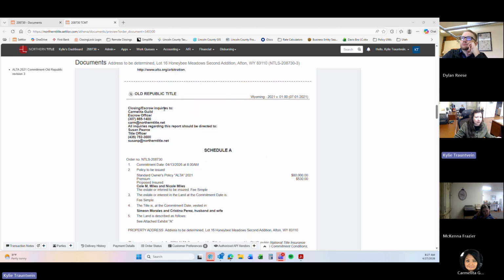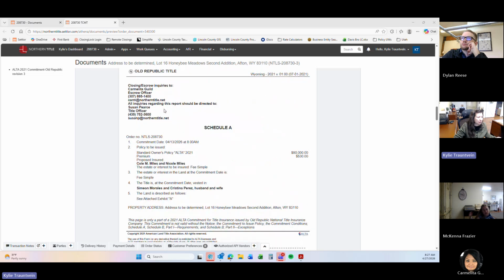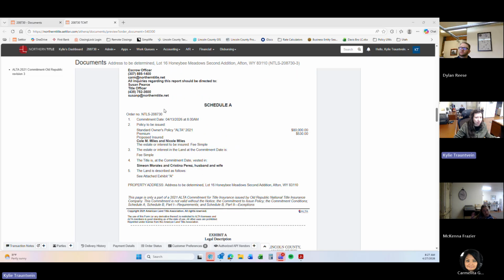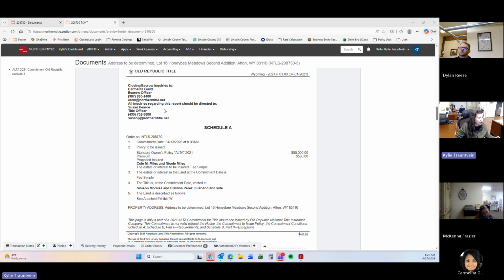So to be eligible for a homeowner's policy, it has to be a property with a home on it in a platted subdivision, like Lot 2 of Honeybee Meadows or something like that. If it's not in a platted subdivision with a house on it, it just can't have a homeowner's policy. It has to have a standard policy.